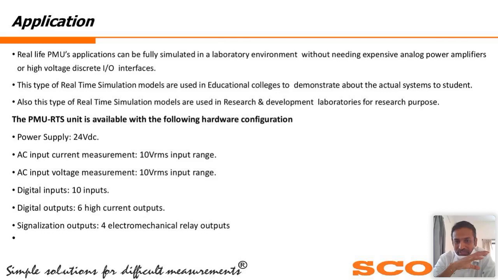So it doesn't matter to the PMU. It takes the data, samples it, and sends it to the PDC over C37.118. That's the PMU's job. And if any command comes, it will execute the command through its binary outputs. So it doesn't matter whether it is a low or high voltage level.